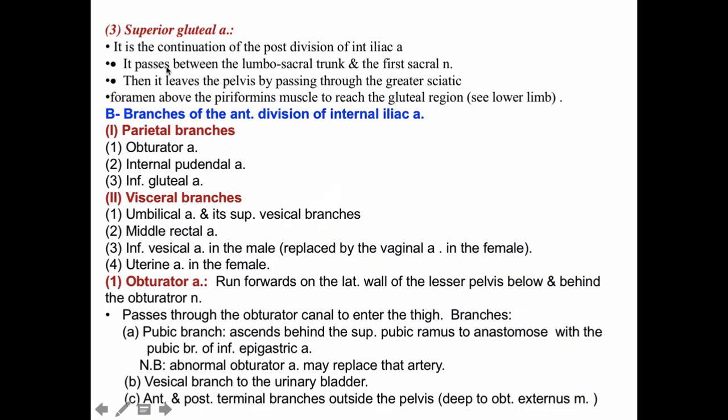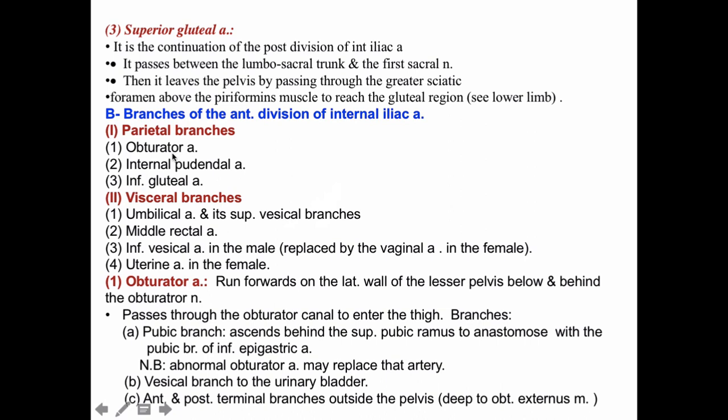We need only enumerate them. Branches from the anterior division: the anterior division divides into what's called parietal branches, to the pelvic wall, and visceral branches to the pelvic viscera.